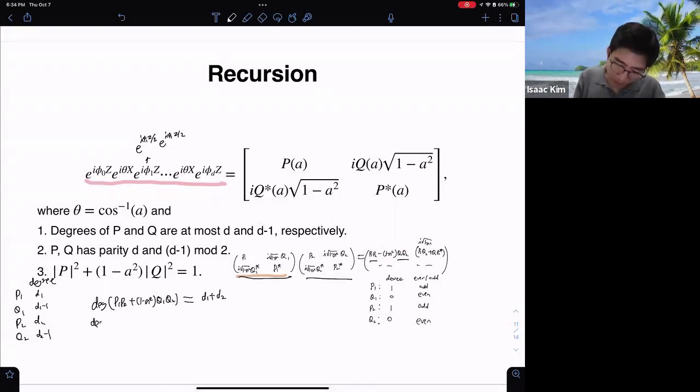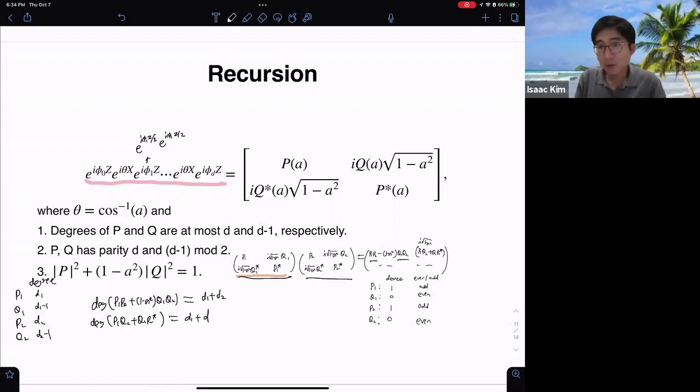And what about P1, Q2 plus Q1, P2 star? Well, that'll be simply D1, degree of P1 plus degree of Q2, which is D1 plus D2 minus 1. And the degree of the second term is also the same at most.